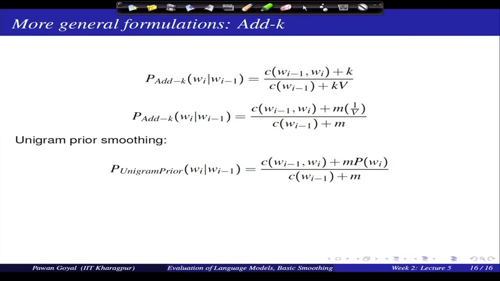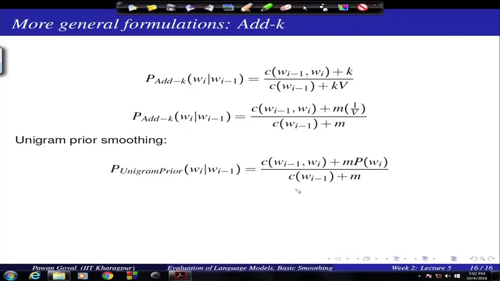So let us discuss why this might be a better way of doing smoothing. Remember what we are trying to do here. We are trying to find the probability of different words wi given wi minus 1 that did not occur in my training data. Take a word wi that is very common, like government, and some other word, maybe something like smoothing, w1 and w2.